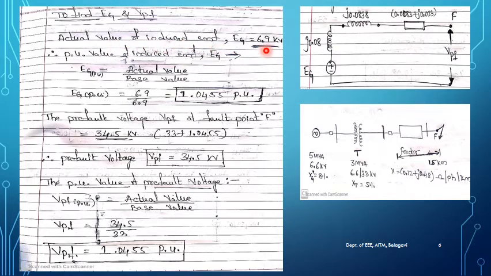The actual value of the induced EMF is 6.9 kilovolt, but we want it in terms of per unit, right? The per unit is equal to the actual value divided by the base value. The actual value is already known, that is 6.9 kilovolt, divided by the base value. The base value of the generator we found out, right?